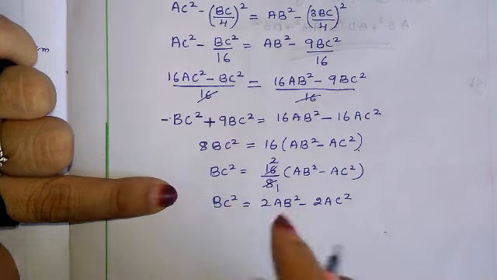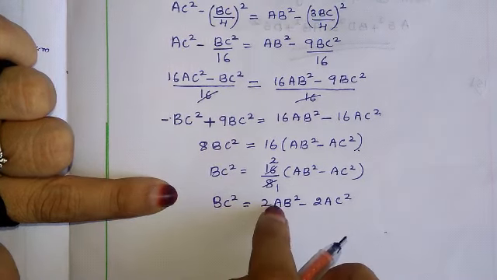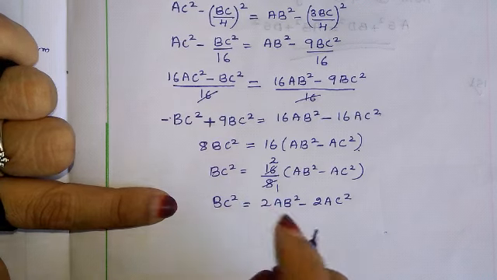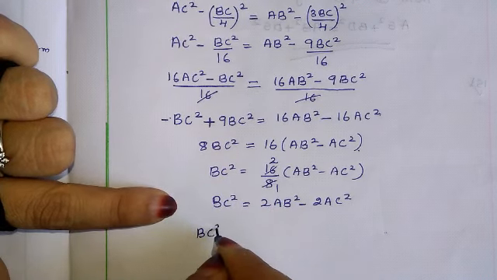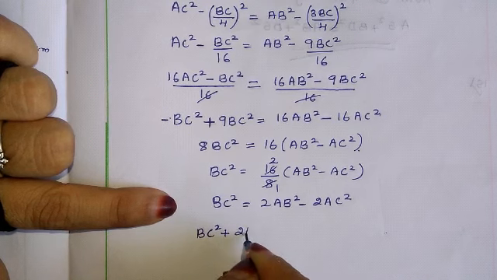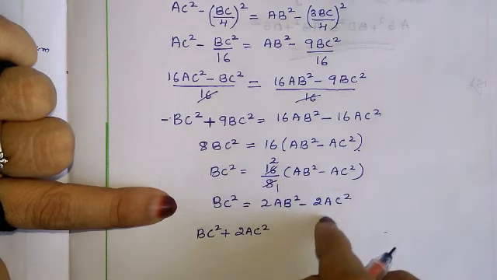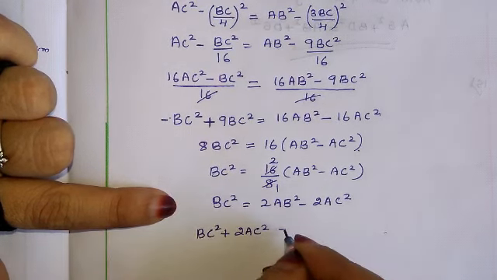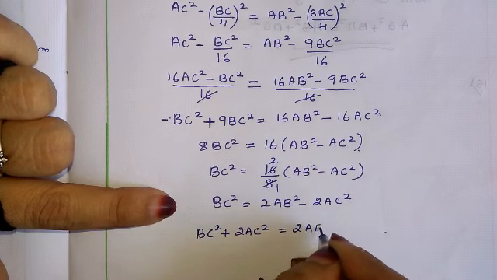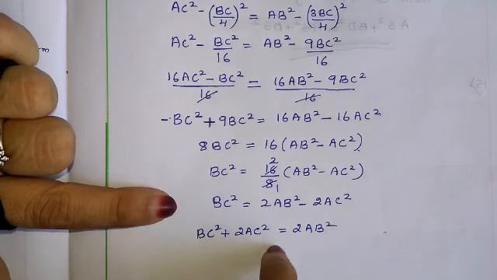Now 2AB square, let it be here only. Okay, I am doing here BC square plus 2AC square. I have brought 2AC square this side. 2AB square. What they have told? This only they have told to prove.